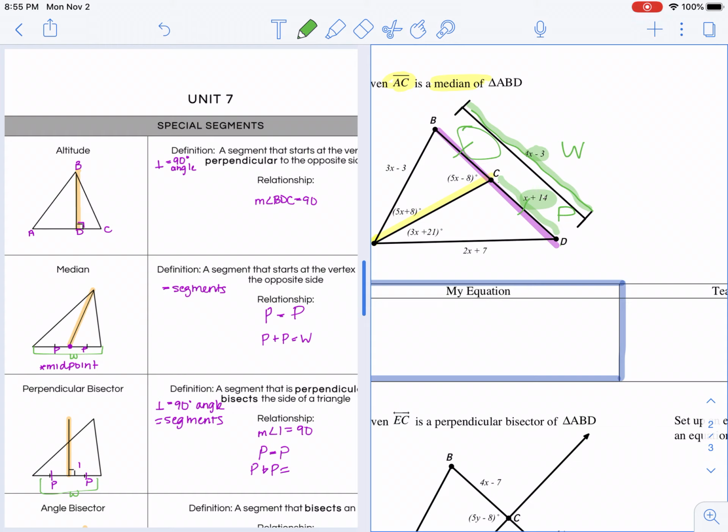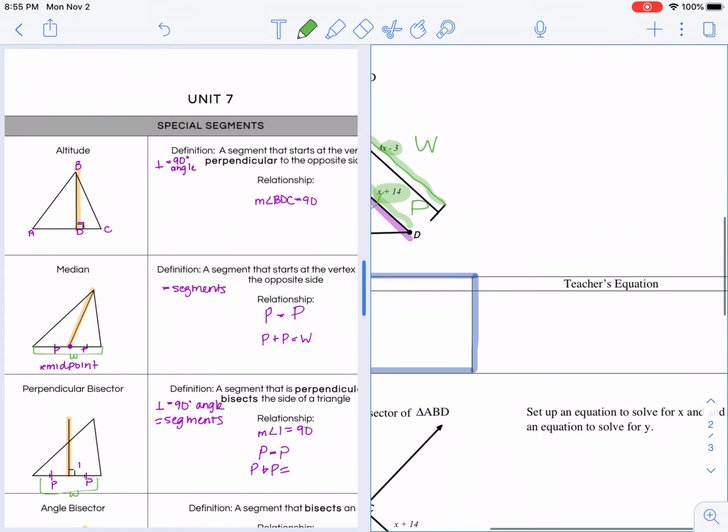So let's remember, once we have congruent pieces, if these parts are congruent, this can also be x plus 14. Now that I have the two parts and the whole, I can use that part plus part equals whole relationship.